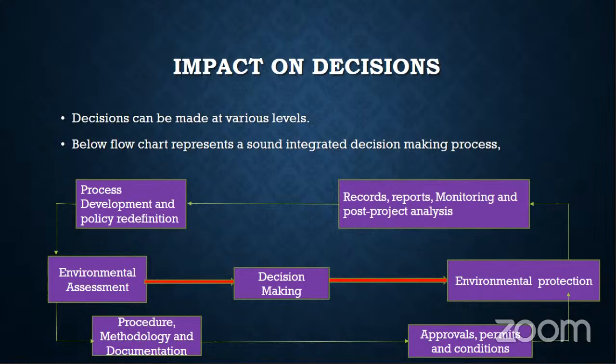Decision making is taken in various stages. Once the EIA assessment is over, we cannot say that the decision is final, as it may change with various aspects. That's why we say decisions can be made at various levels. Some opinions may come later, even after project implementation, and then we need to modify whatever gaps are present in that EIA.